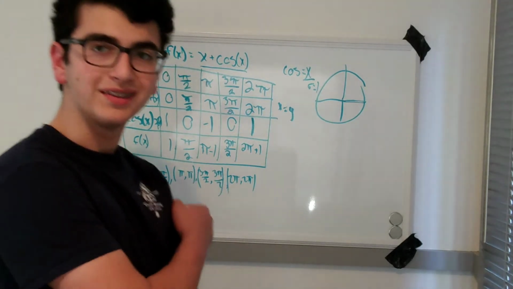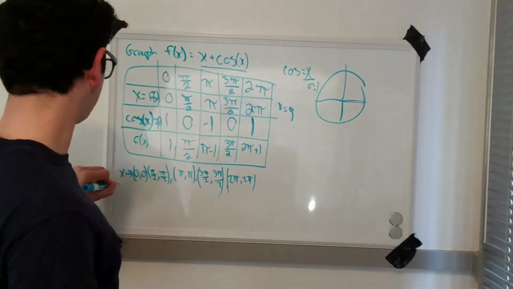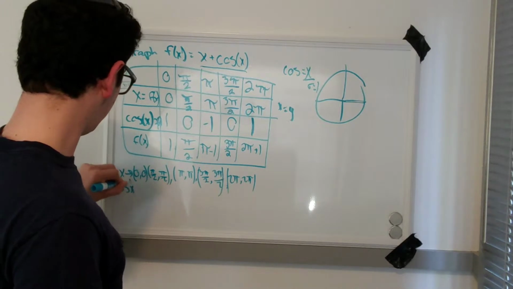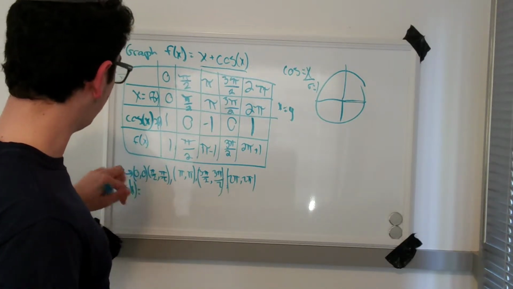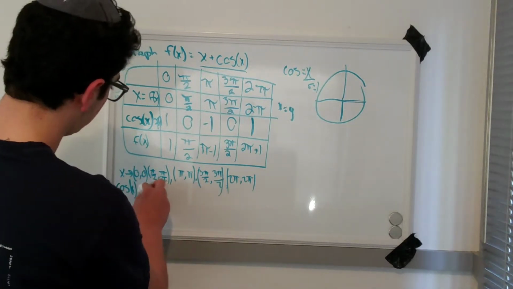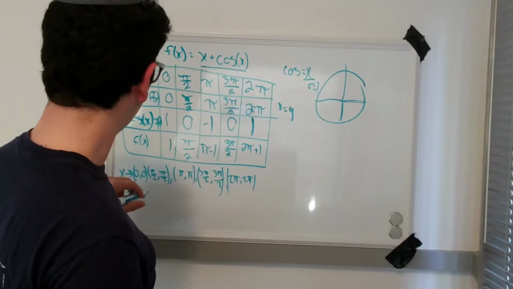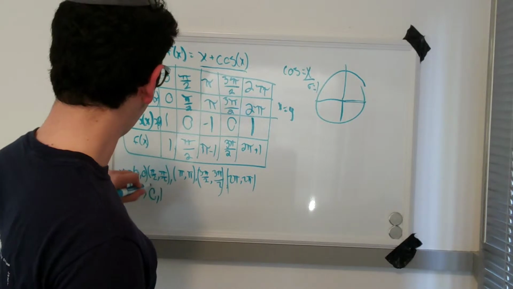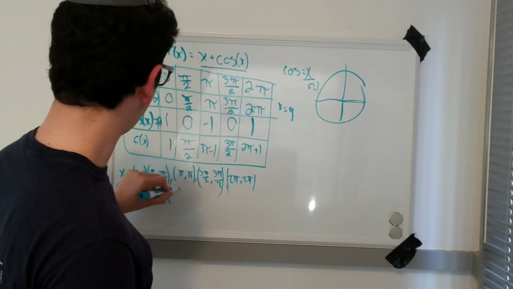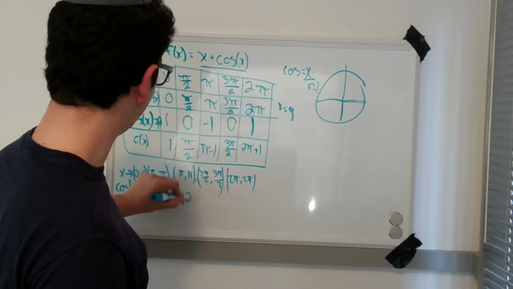Ooh, my arms are getting tired. And then for cosine x, we have, I've got some toilet paper here to erase it. We have 0, 1. Then we have pi over 2, 0.